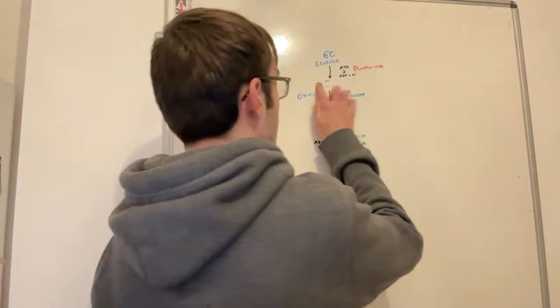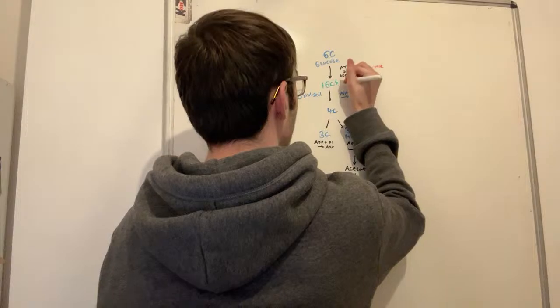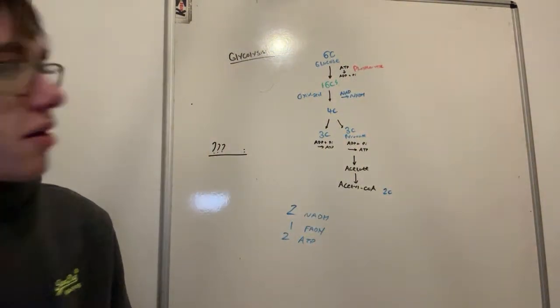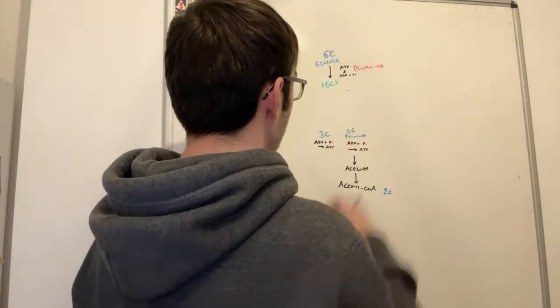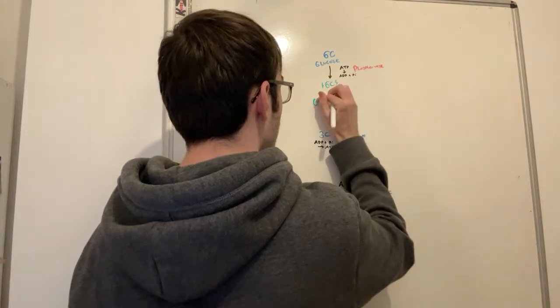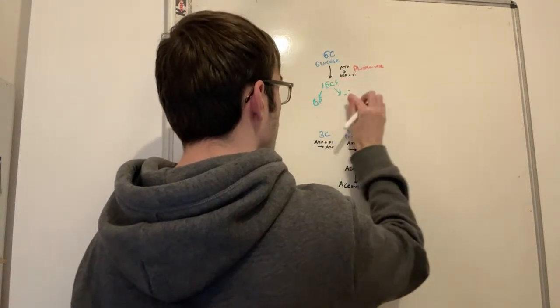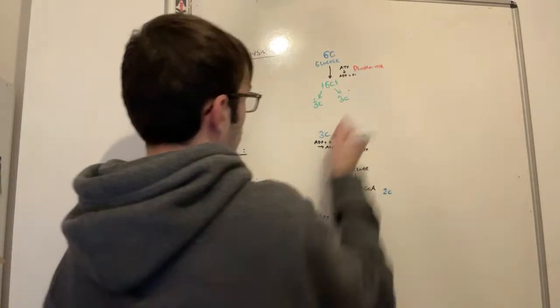Okay, so this is a 6 carbon compound. But it's unstable. So it quickly breaks down into 2GP. Or in other words, it's broken down into 2 three-carbon compounds.